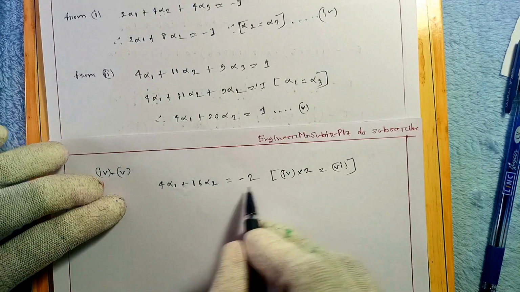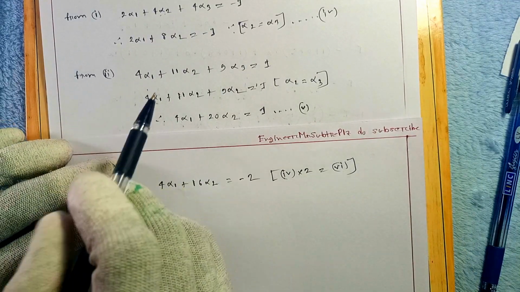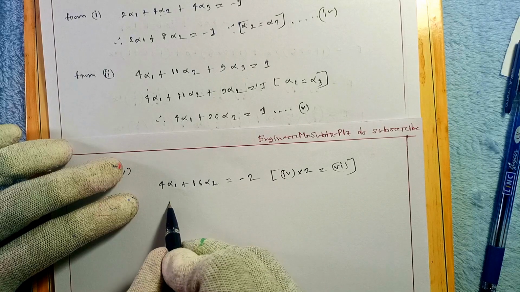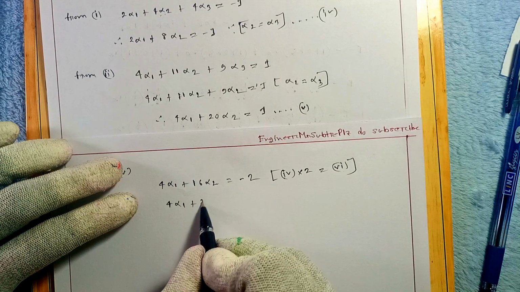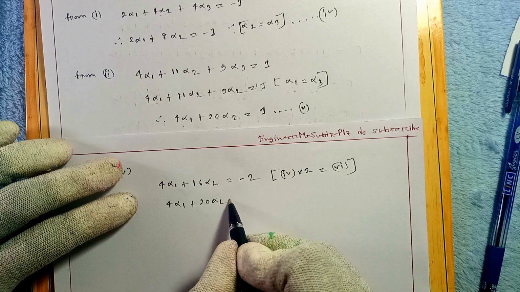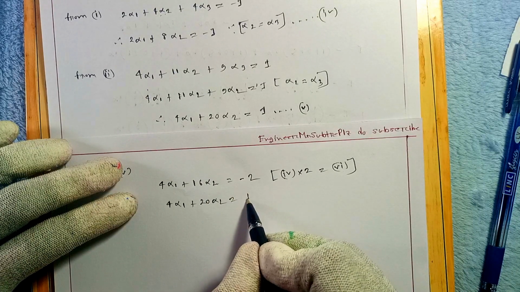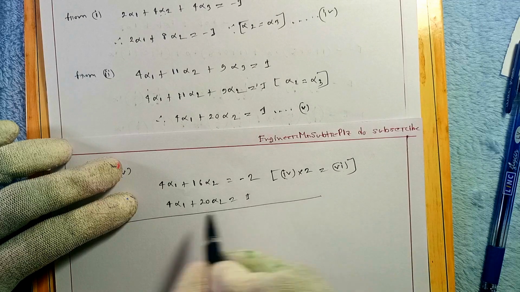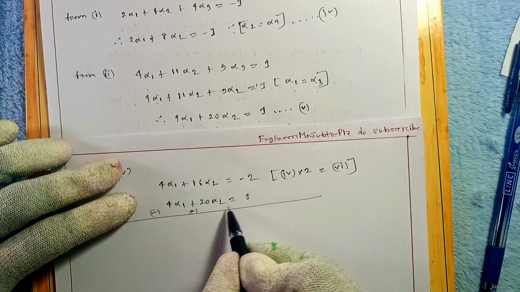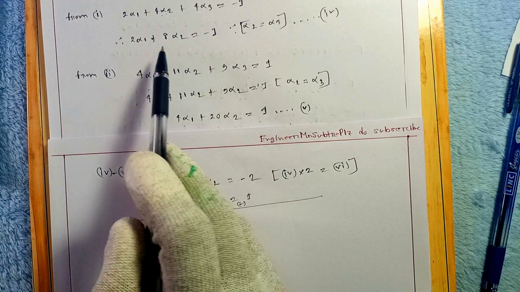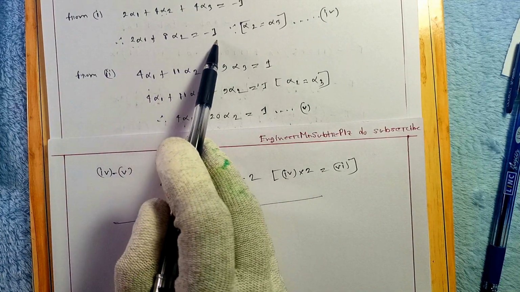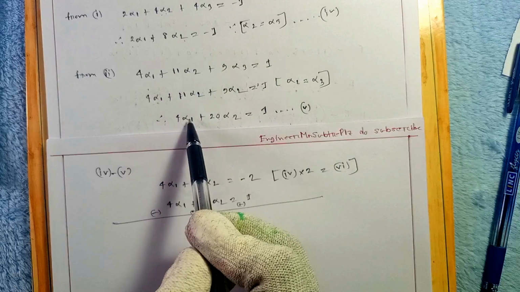Then we subtract this 6 from equation number 5: 4 alpha 1 plus 20 alpha 2 equal to 1. We just multiply equation 4 by 2, then we subtract it from this one.